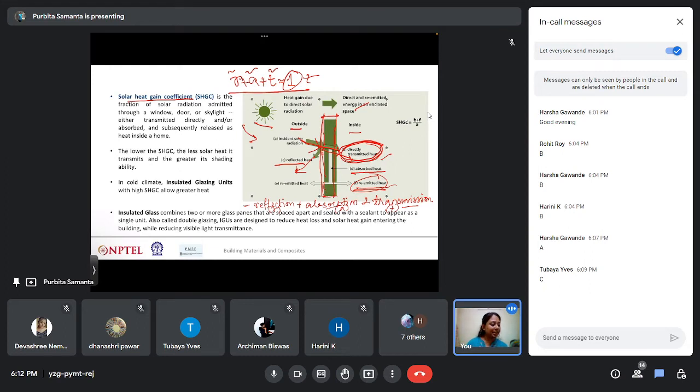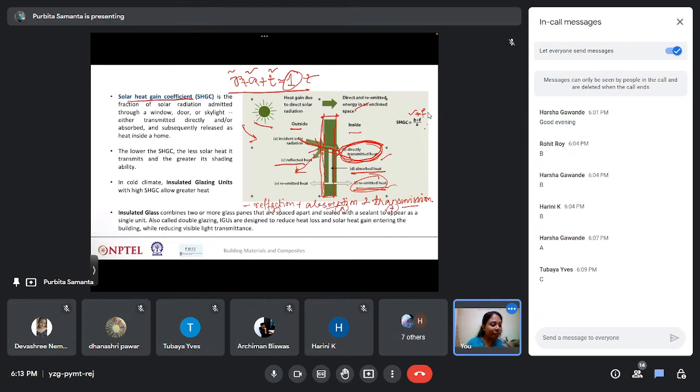So it's basically the ratio of the transmitted heat. Since in this particular scenario we can also consider the re-emitted heat, this is expressed in terms of F divided by A. So A is the total incident solar radiation.